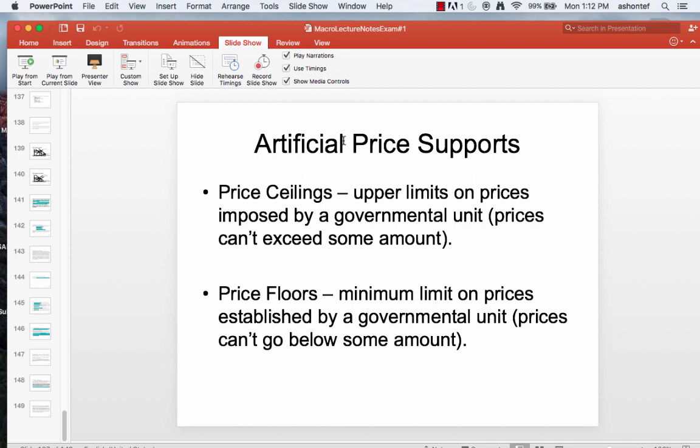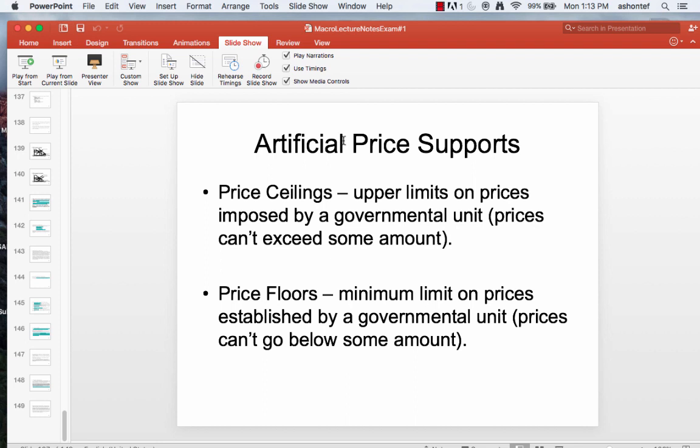So in essence, when a price ceiling is put in place, the government is saying, we don't like the equilibrium price that's being determined in the market, so we're going to make sure that the price can't exceed some amount. And generally speaking, when they impose price ceilings, it will be below the equilibrium price level.